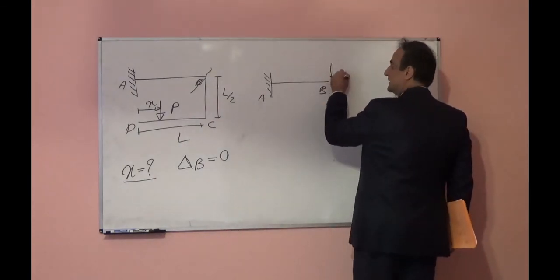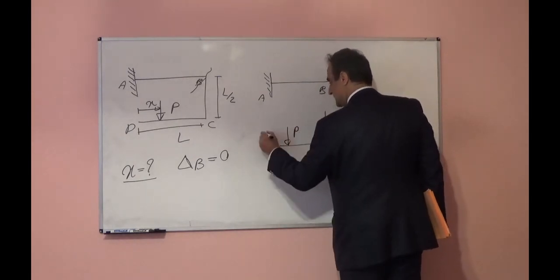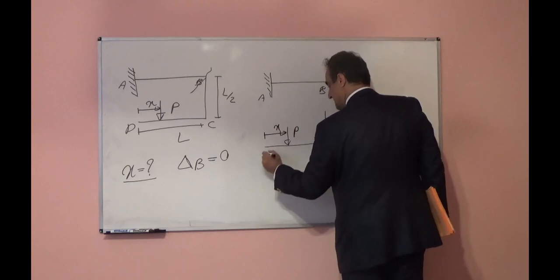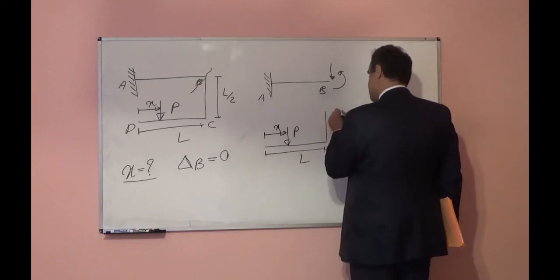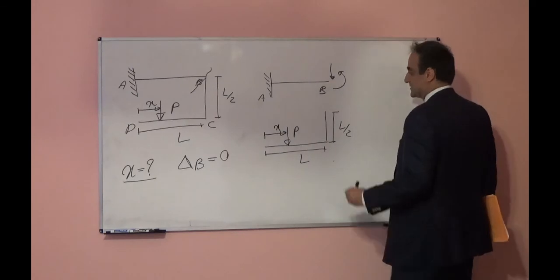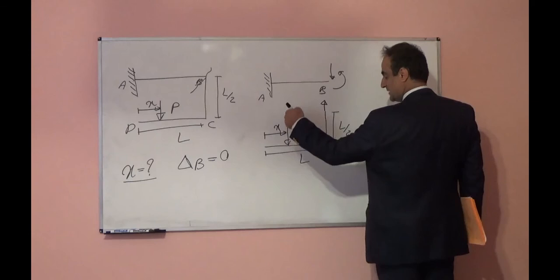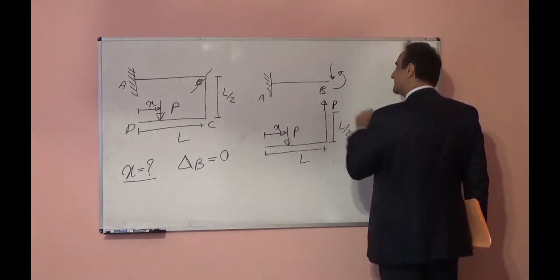another moment here. Why? Because if you apply this P at the X distance, and this is L, and this is L over 2, what are the reactions here? In order to have this piece in equilibrium, this is P downward, you need one P upward.